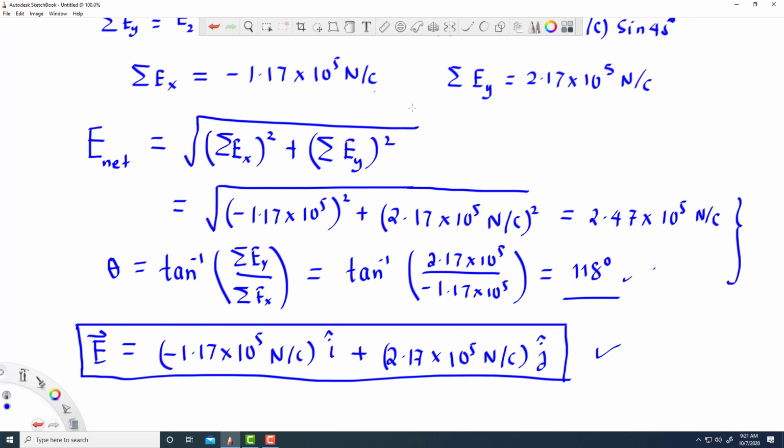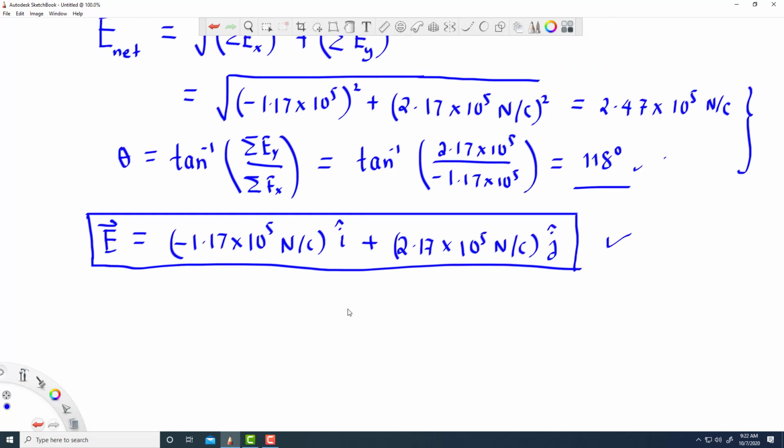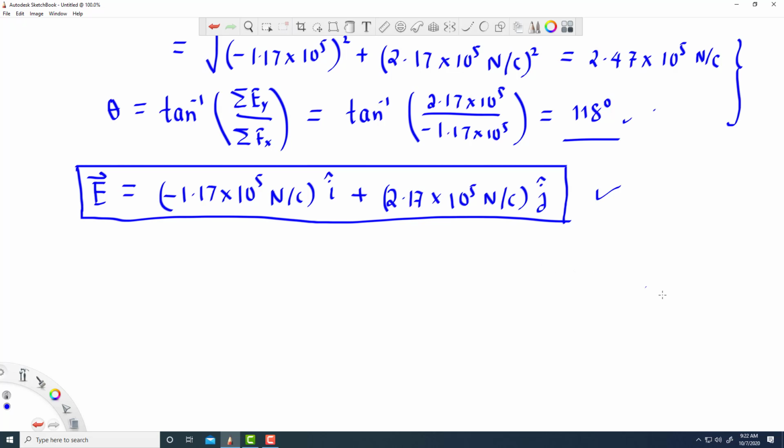Now, there's another question on the same problem. Find the force on a 3 microcoulomb charge if it is placed at the fourth corner. So this is the electric field due to the 3 charges at this point.